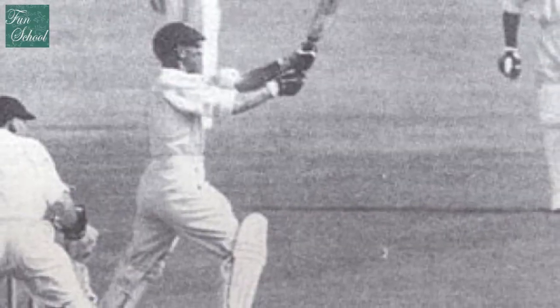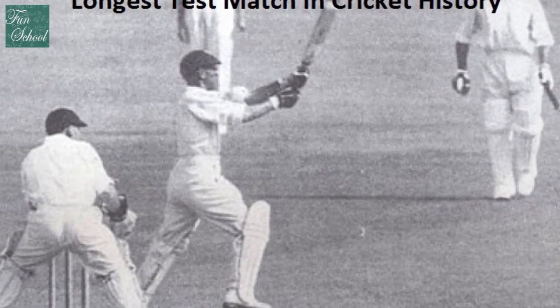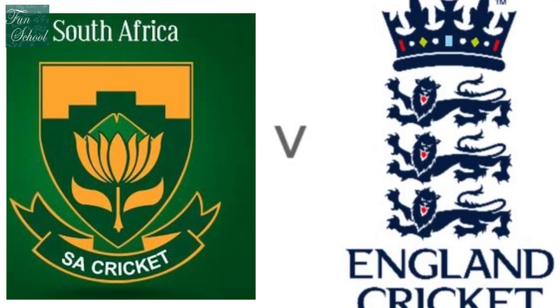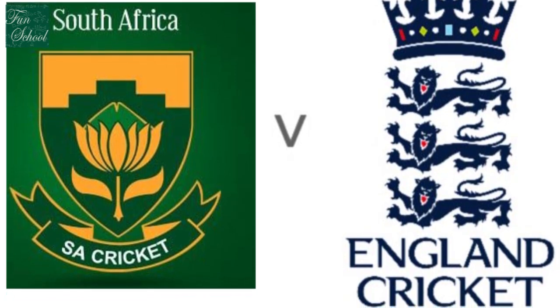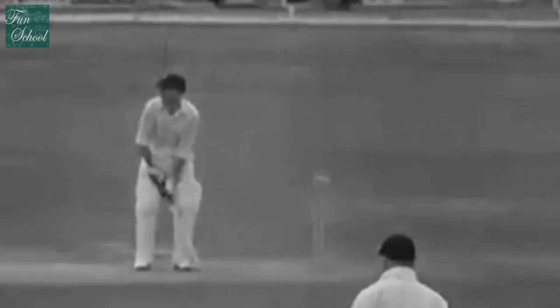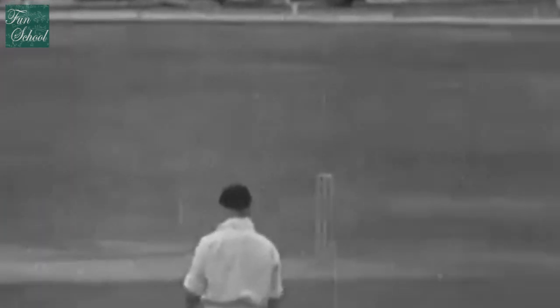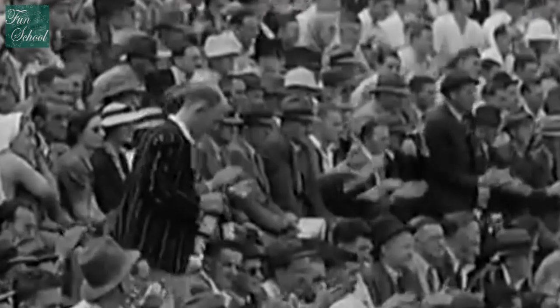The longest cricket match in history took place in 1939 between England and South Africa. The game was played starting on the 3rd of March 1939 and lasted 12 days. England had to chase down a world record total of 694 runs to win against South Africa, and they actually came pretty close.